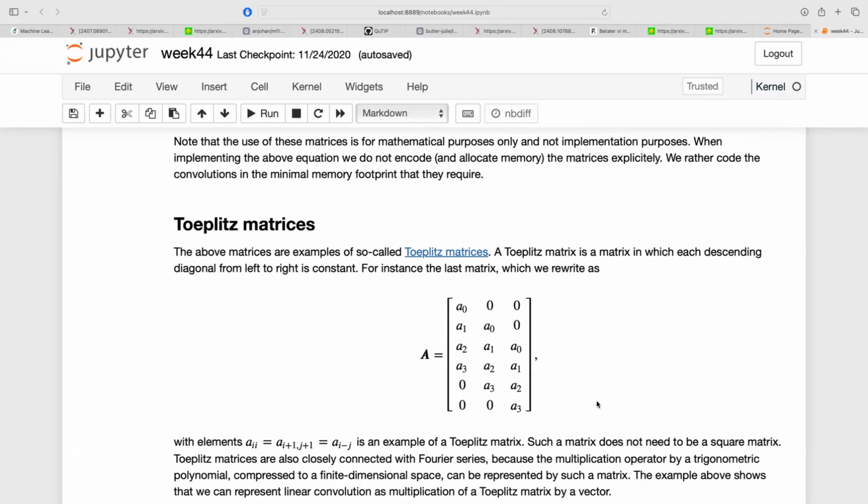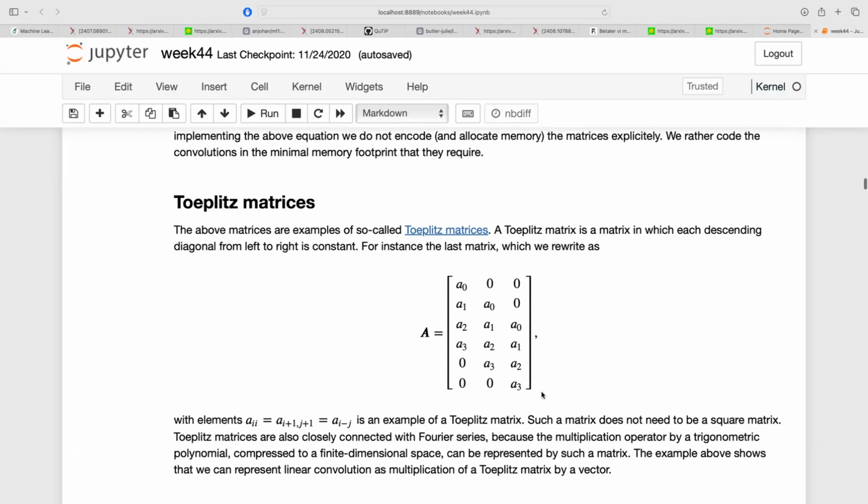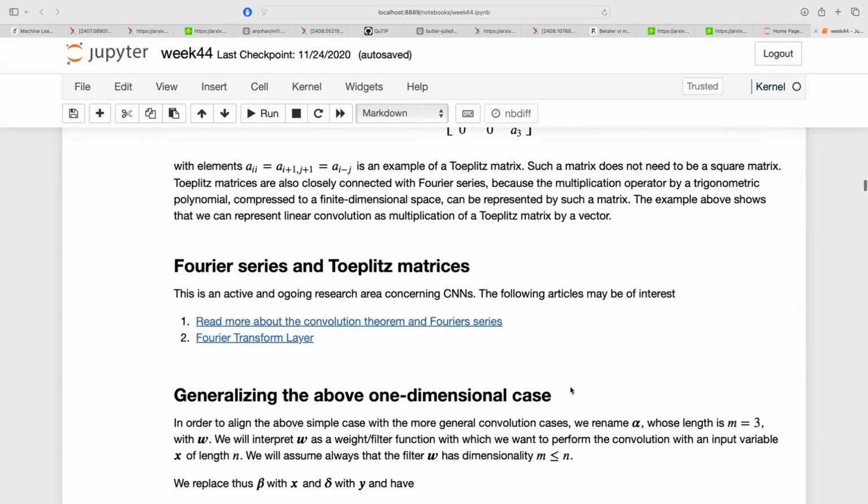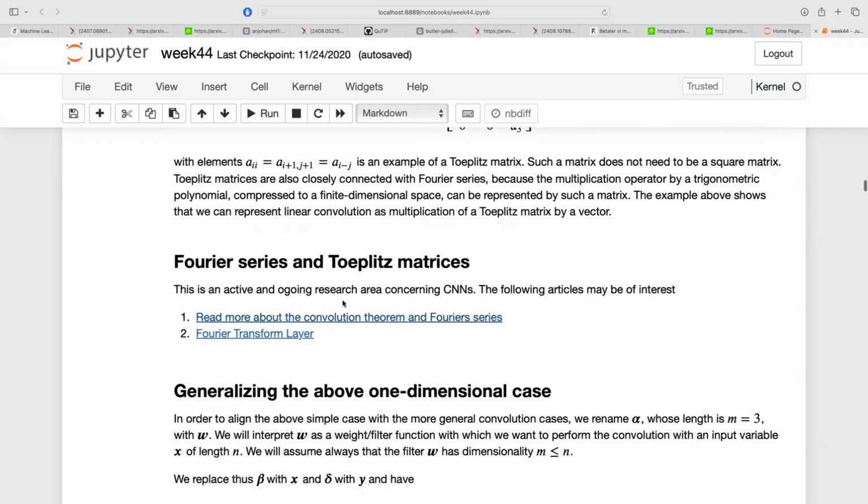This example conveys the basic mathematics. And later, when we look at our own codes, you will see that this is the kind of approach which we are going to implement. There's a lot of discussion here. There's actually something which is called Fourier filters for convolutional neural networks, and this is a very active research field.